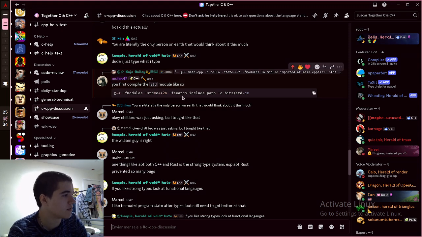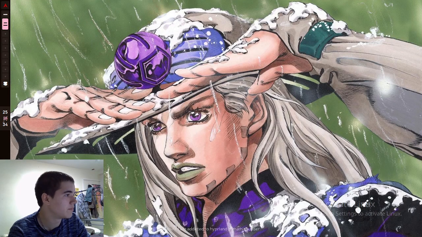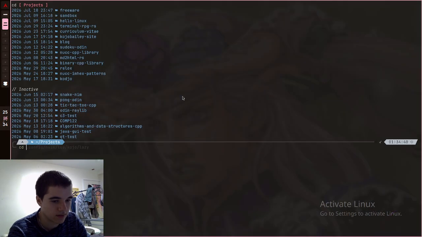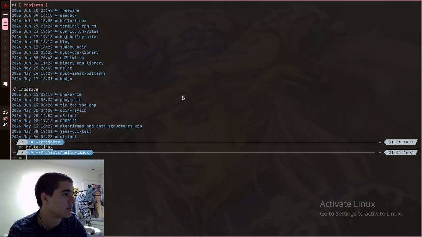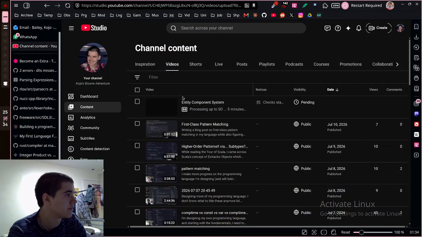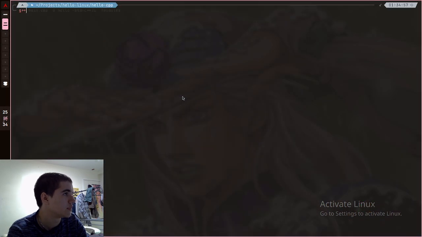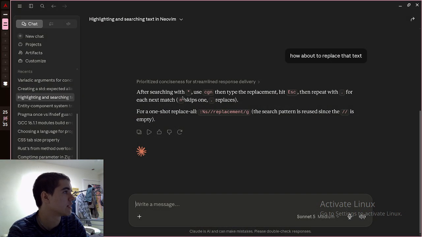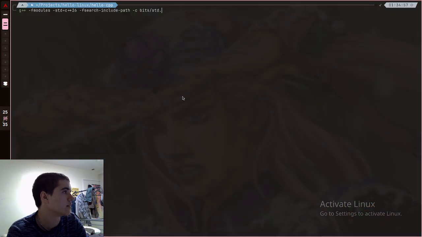Let's give this a try right now, because why not? So cd, I'm covering it, but not yet. cd hello Linux, hello cpp, NeoVim. Yep. d++, -fmodules, -std=c++26, -fsearch-include-path, the standard.cc.